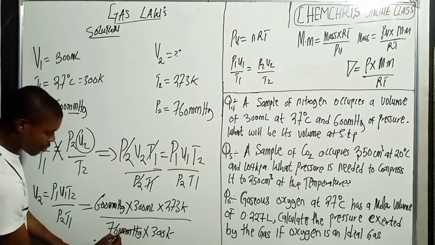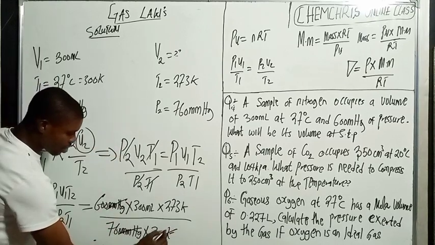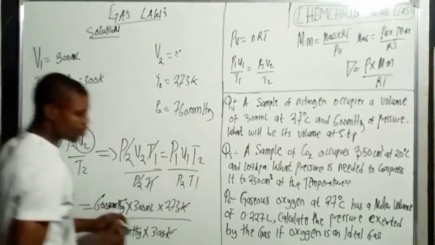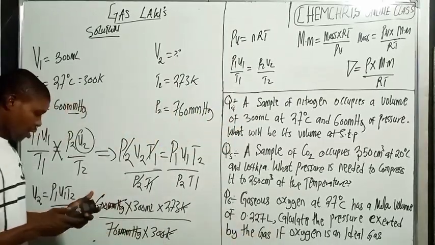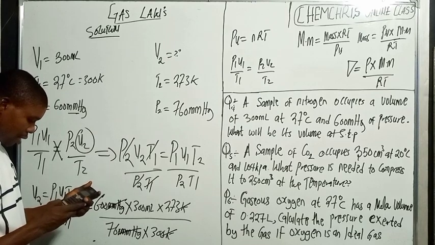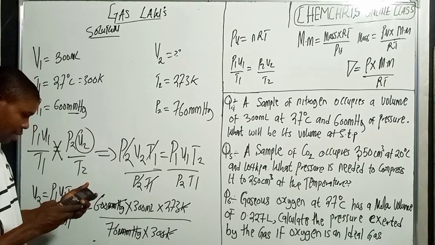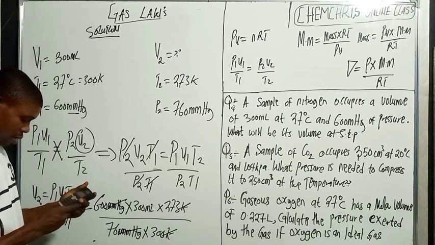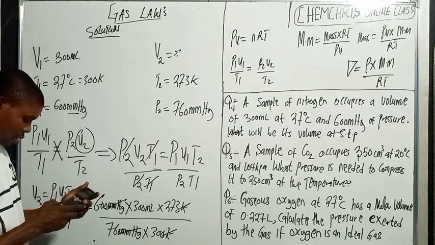So millimeter mercury cancels millimeter mercury, Kelvin cancels Kelvin. Now punch your calculator to get your answer: 600 times 300 times 273 divided by 760 times 300.